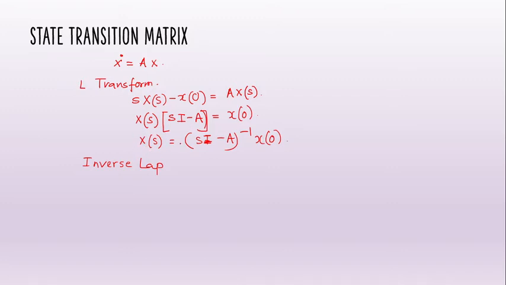Now here we have assumed that, in our previous lecture, we have taken (sI minus A) inverse as phi(s). So my X(s) is becoming phi(s) into x0.